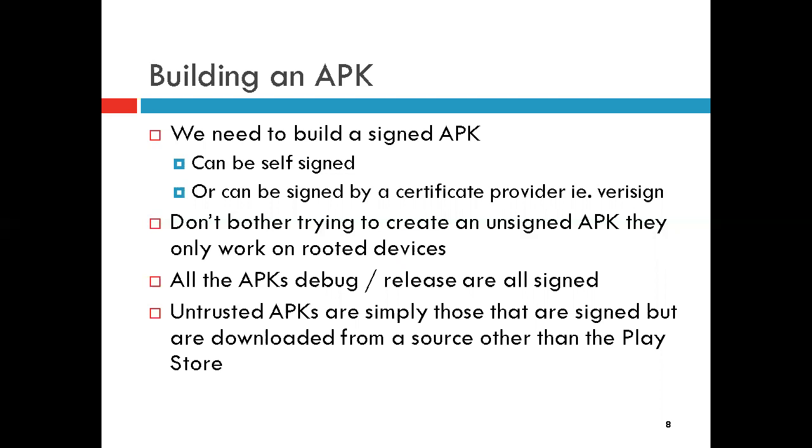But really making an APK should be pretty easy these days. In the early days of Android, when you had to use Eclipse, you had to use the key tool program manually to sign your program.